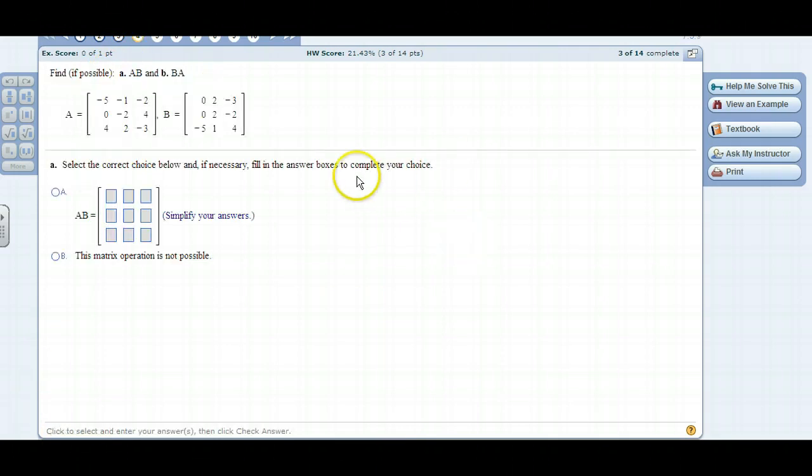Alright, on this next one, if it's possible, multiply these: A times B and B times A. Now, when you're multiplying matrices, I'm going to give you an example over here.